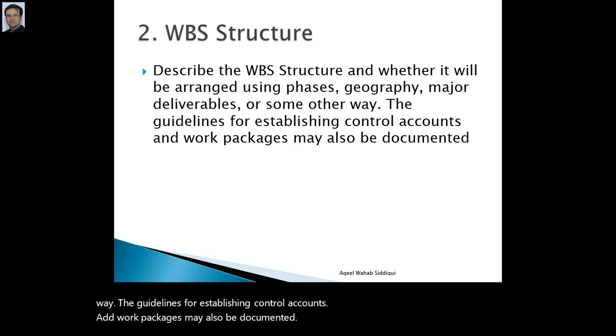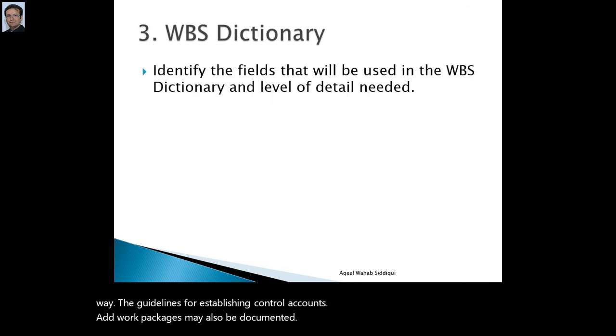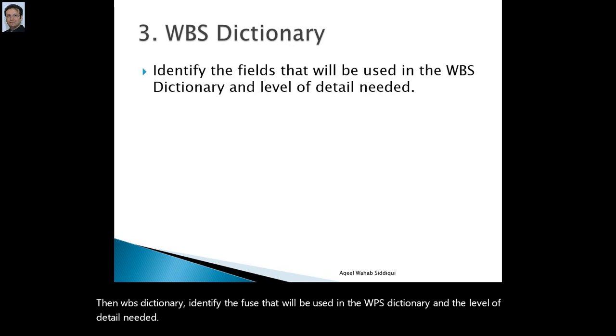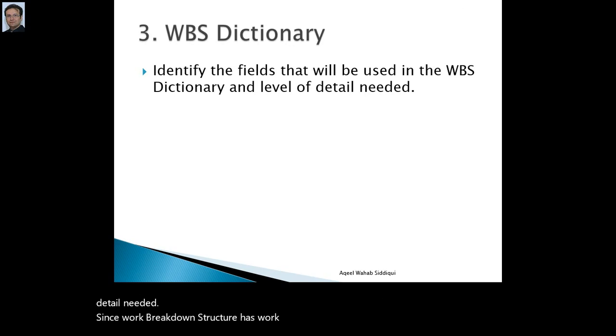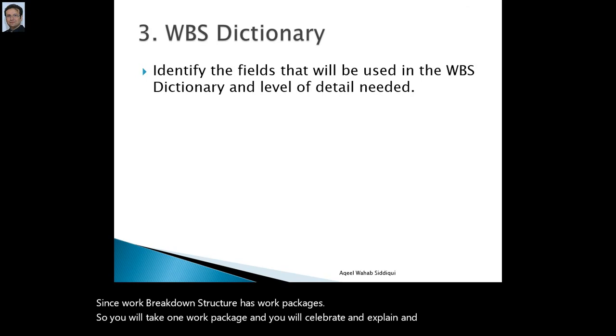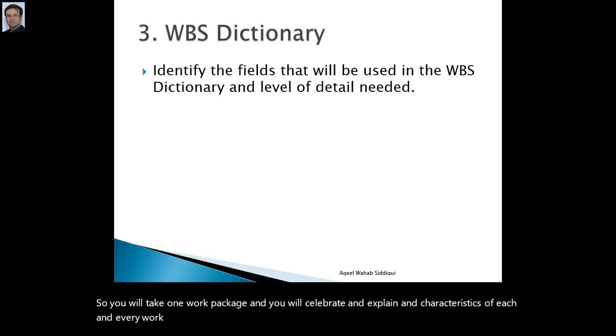Then the WBS dictionary identifies the fields that will be used in the WBS dictionary and the level of detail needed. Since the work breakdown structure has work packages, you will take one work package and elaborate and explain the characteristics of each and every work package in the WBS. So that is called the WBS dictionary.